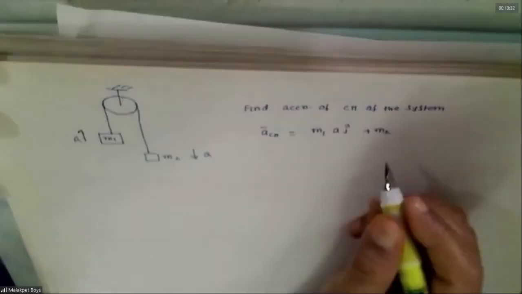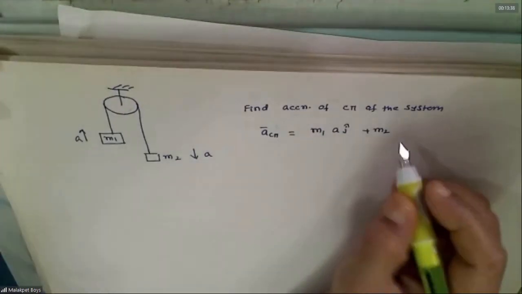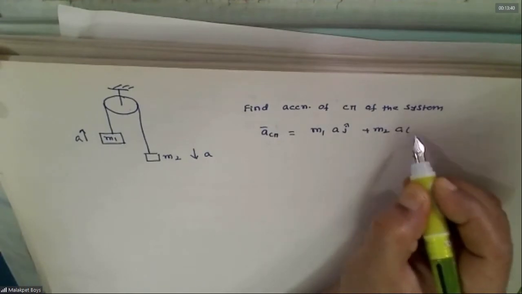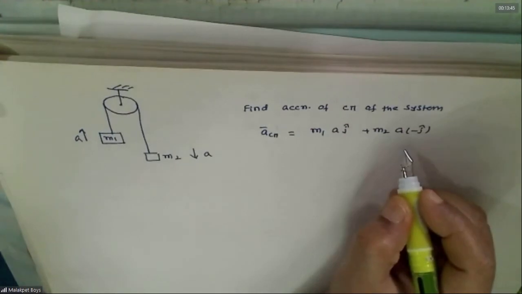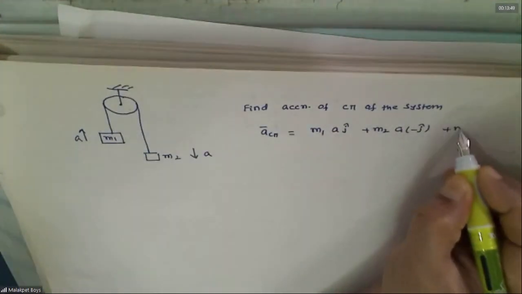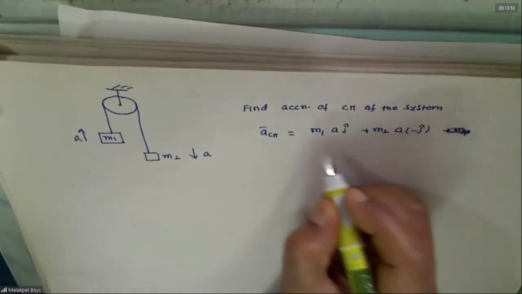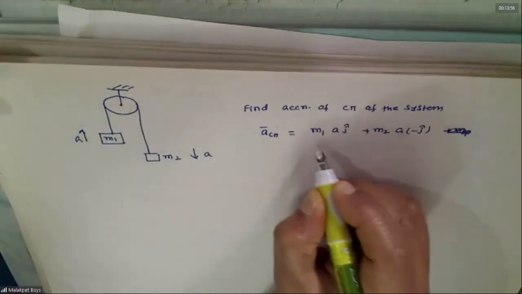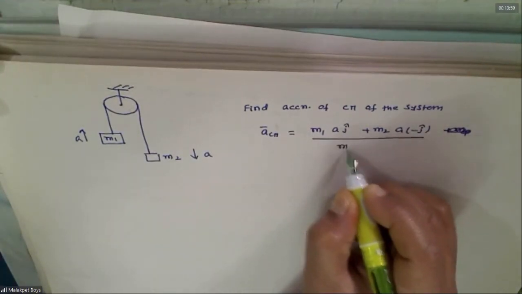Even if it is not moving, the pulley has some center of mass. If you want to take this pulley, it won't have any acceleration. Only the motion is for this. Agreed? Agreed, sir.